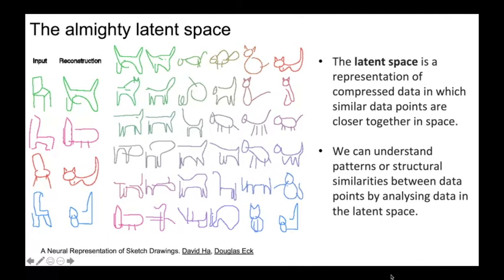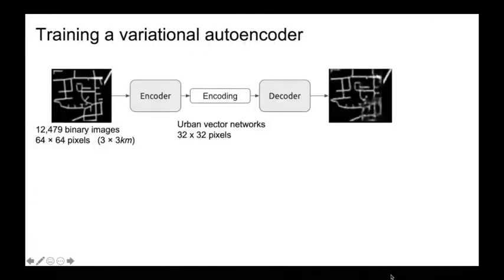Particularly with images, your typical variational autoencoder tries to get rid of features such as color. But in terms of street networks, which are the characteristics that we can get rid of?